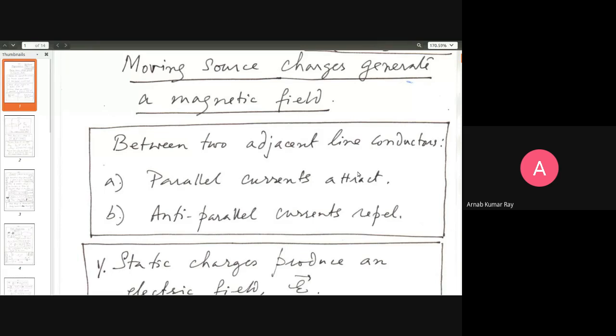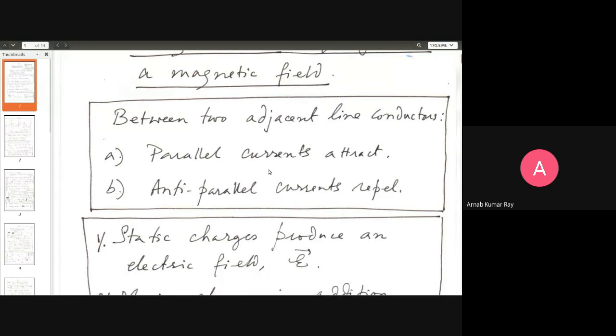I have got two long copper wires, kept adjacent to each other, close to each other. And through these two wires, current is flowing, a flow of charged particles. Now, what is the observation that you have? When these two currents are kept next to one another, if they are going in the same direction, if they're parallel, these two wires will attract each other.